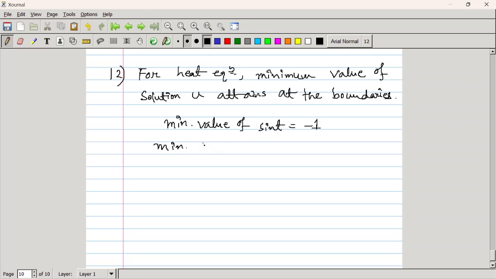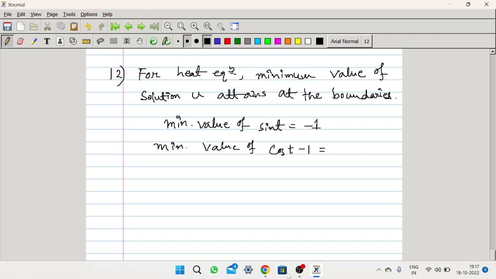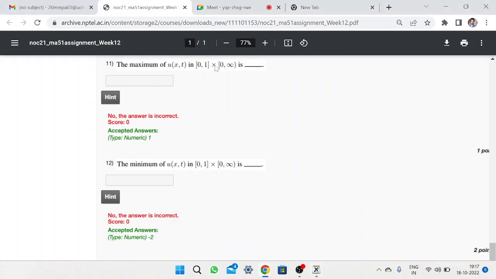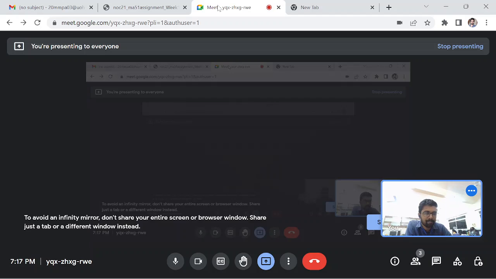What is the minimum value of cos t minus 1? Can you tell? Otherwise I will tell, no need to worry.